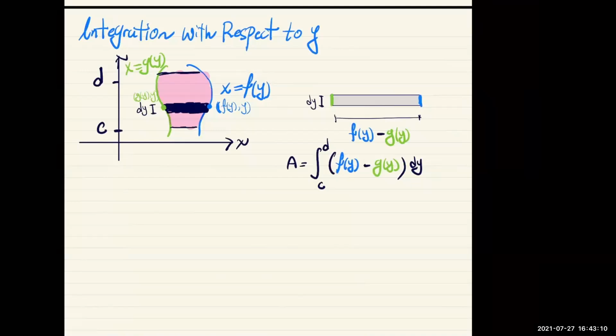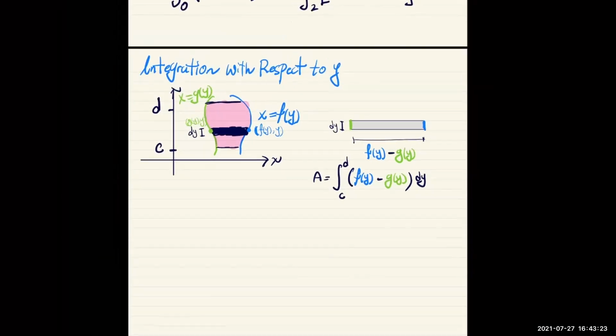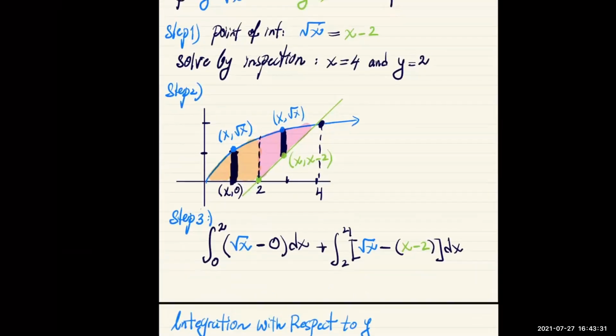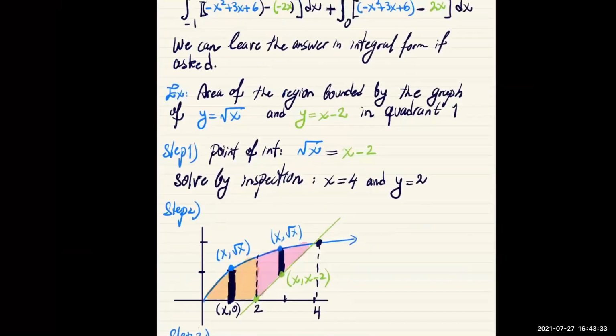That gives you, again, an integral with respect to y. It sounds kind of weird, but it can be done. And it can be done especially on the previous example. It's going to make our previous example a lot easier. So we're going to revisit this example.